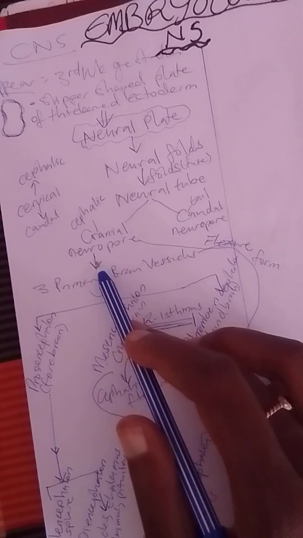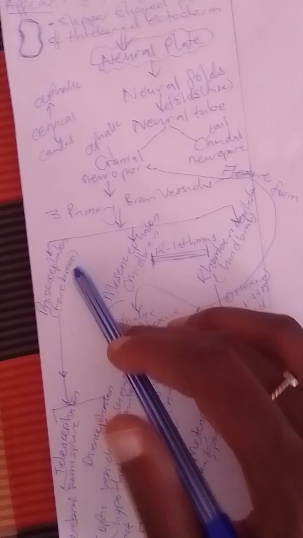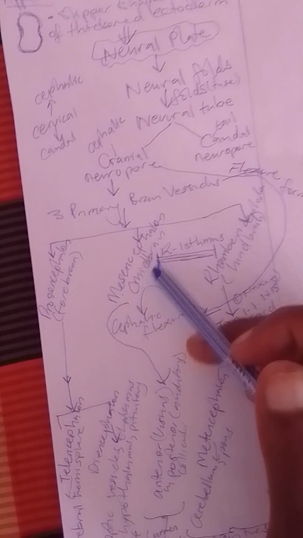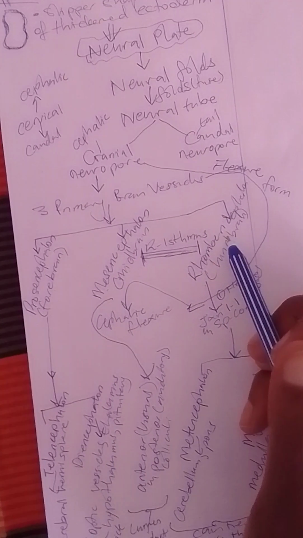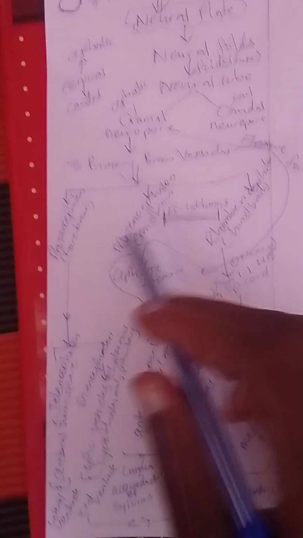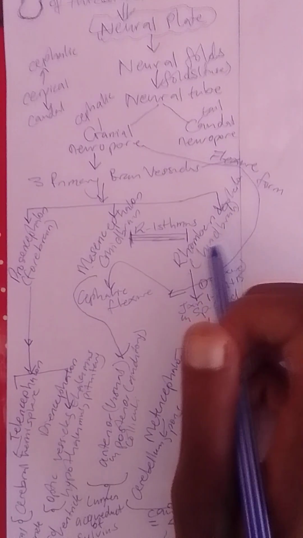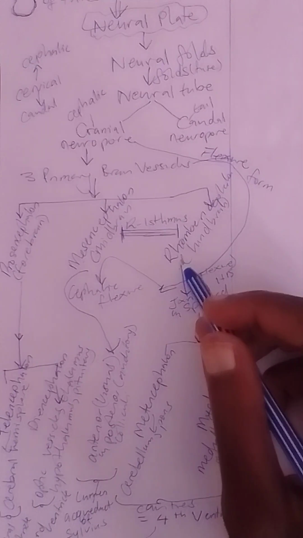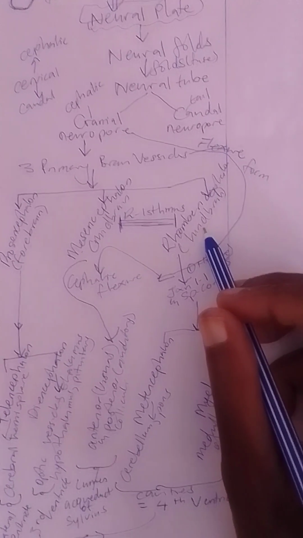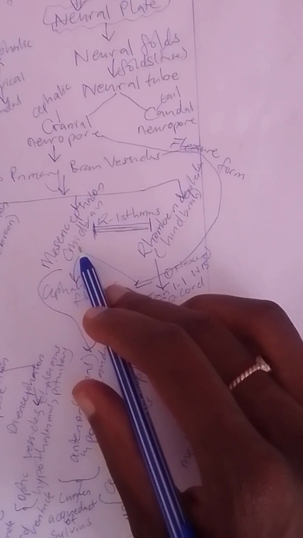The first thing it differentiates into is the three primary brain vesicles: the prosencephalon, the future forebrain, the mesencephalon, the future midbrain, and the rhombencephalon, the future hindbrain. The cranial neural pole also forms flexures: two at the rhombencephalon end, at the junction between the hindbrain and spinal cord, and the cephalic flexure at the midbrain.